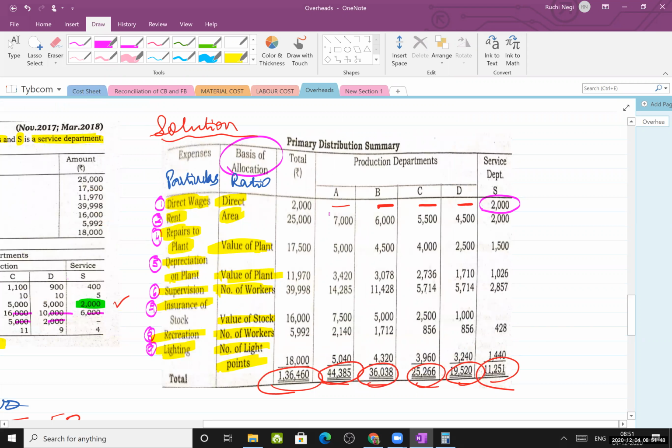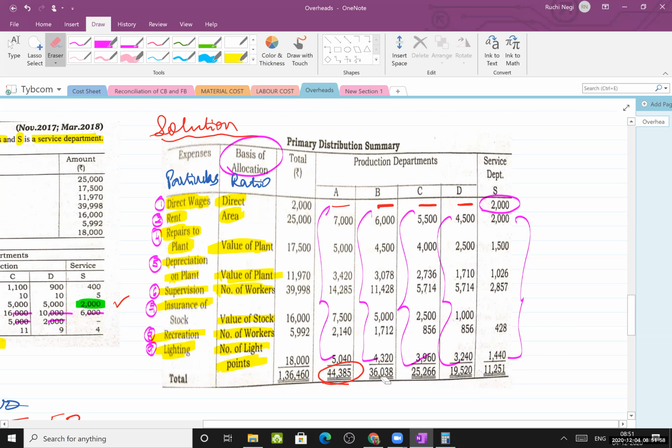And then you have to total it from year to year. Then you will get your grand total, these totals department wise. And when you add all of these, your answer should match.